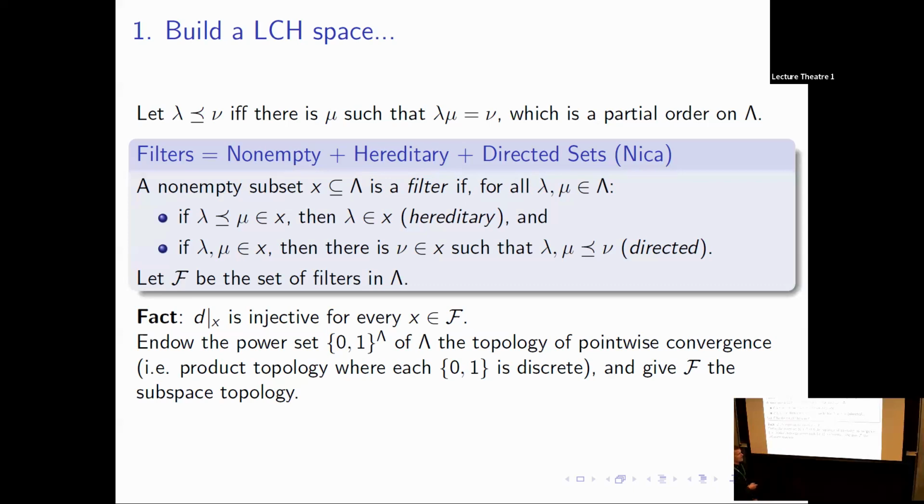And that's going to be a compact Hausdorff space. And so I've got the collection of filters inside of a compact Hausdorff space, and I'm just going to try and draw on the compactness that's ambient as much as possible.